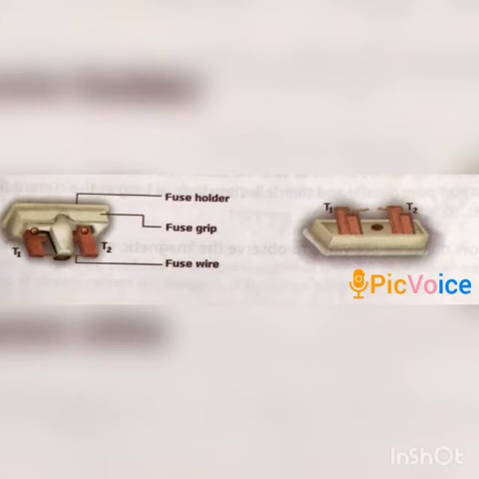When the current in the circuit exceeds the specified value, the reasons are: number 1, short circuit, that is, touching of wires leads to short circuiting.